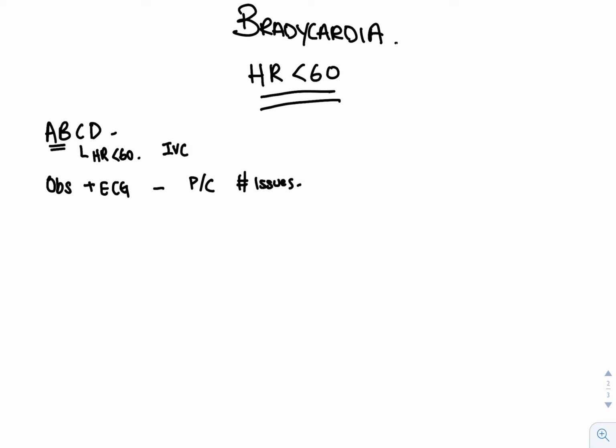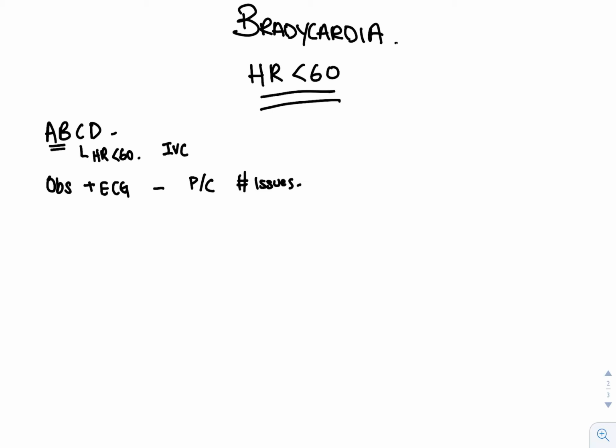The reason why it's important to get OBS, presenting complaint, and issues at the start is that they can potentially help to narrow down the underlying issue, and they can potentially alert you to things that are potentially life-threatening.